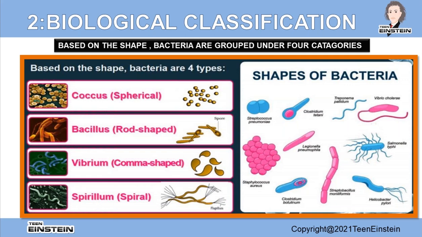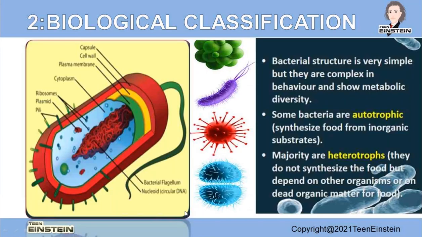Bacillus is rod shaped. Vibrio is comma shaped, as you can see here. And spirillum is spiral shaped.